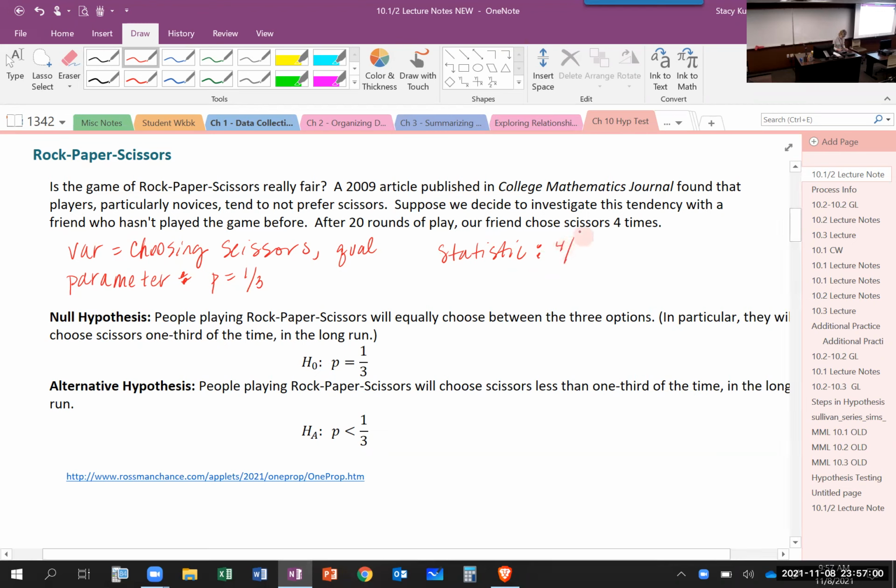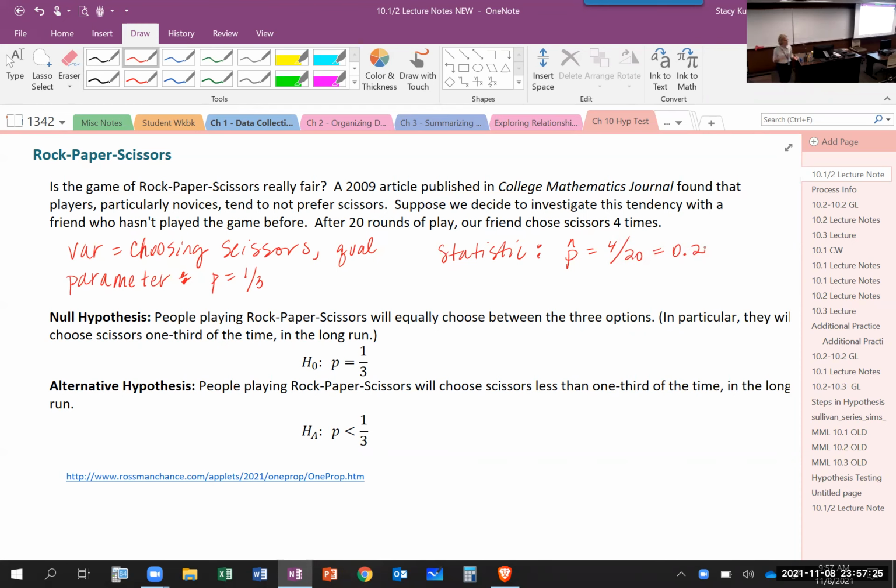So p hat is 4 successes out of 20 trials, or 0.2. The long run probability of choosing scissors in this game is a 33% chance.